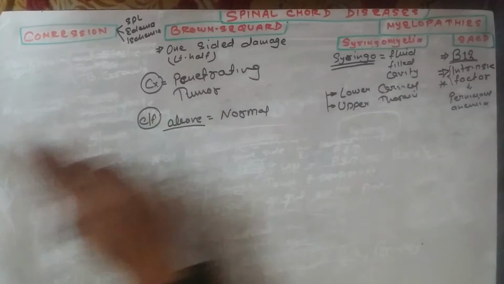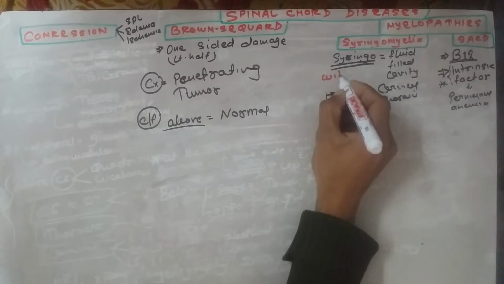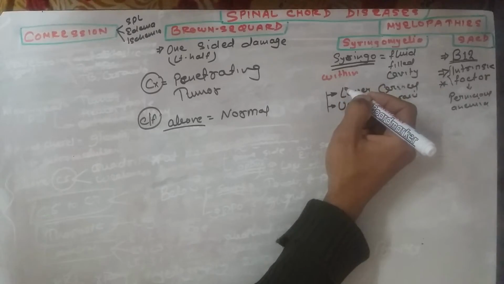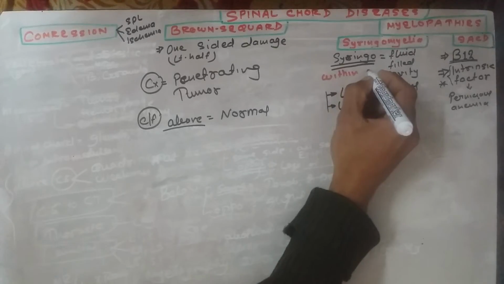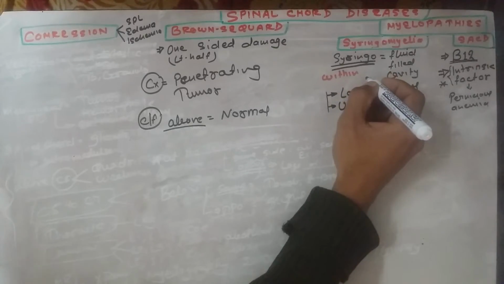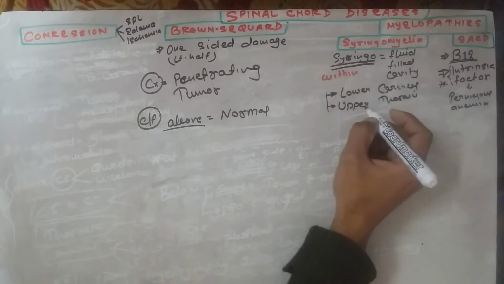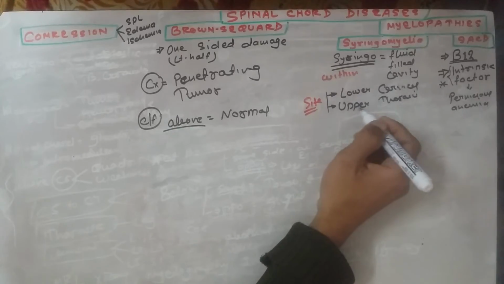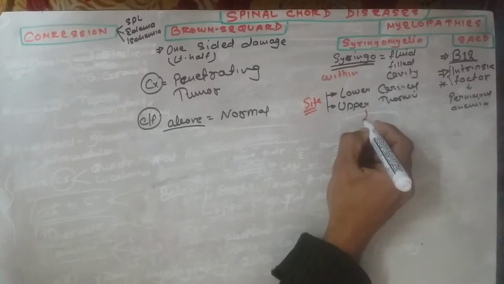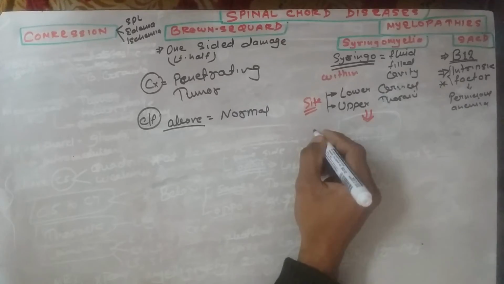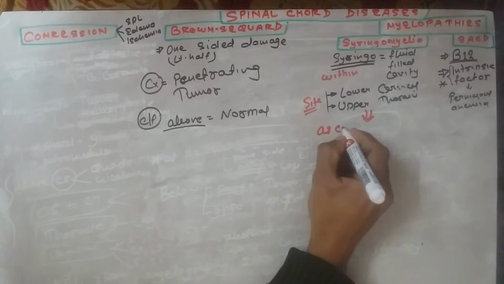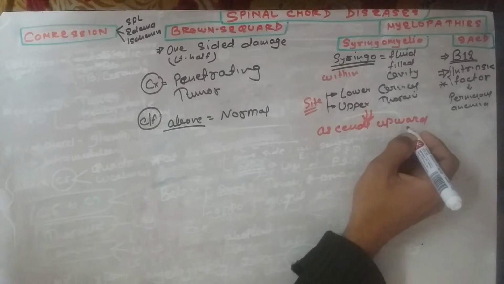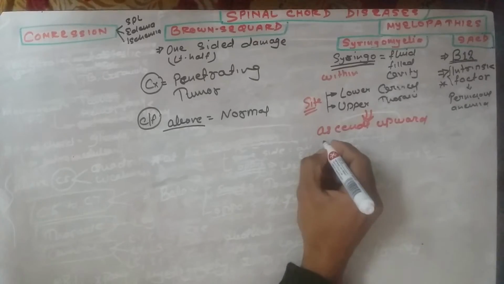Syringomyelia causes cavitary expansion of the spinal cord, and the classical site is the lower cervical region or upper thoracic region, and this ascends upward. One should always remember that the fluid ascends upward, towards the medulla and pons.